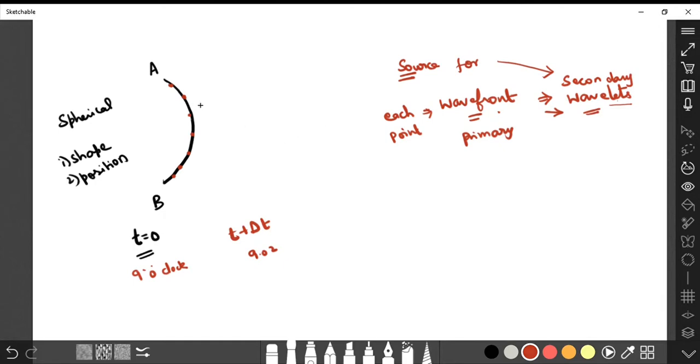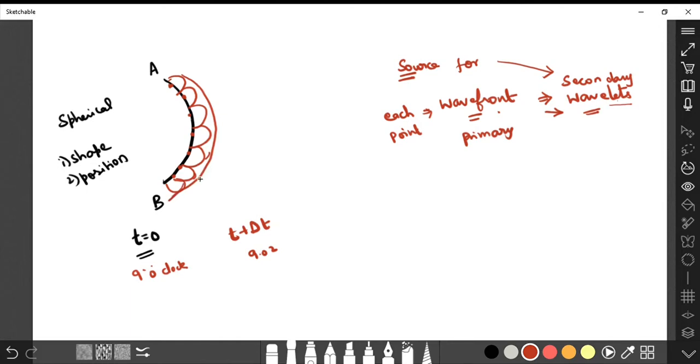How is it happening? This point acts as a source, so it will produce one wavefront, another point will produce another wavefront, and like that they keep producing wavelets. After a certain time delta t, if you draw the tangent over it, connecting all these points, it gives the position and shape.